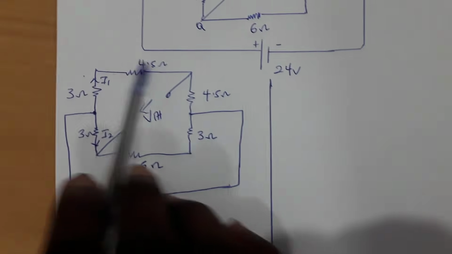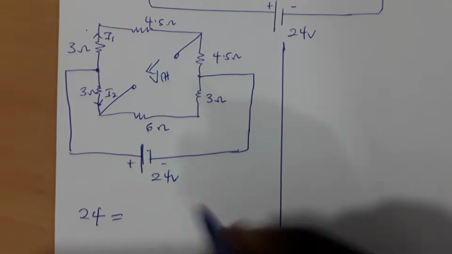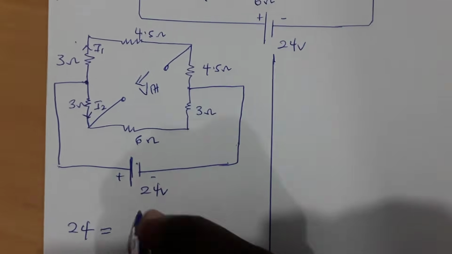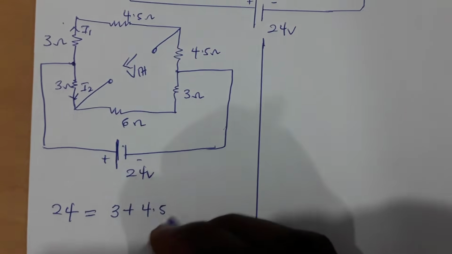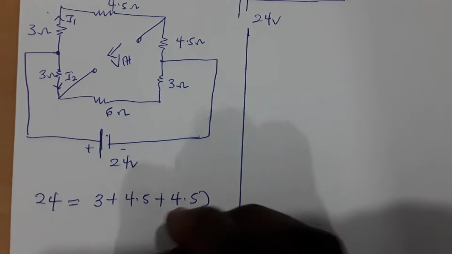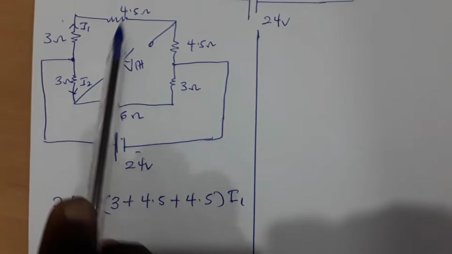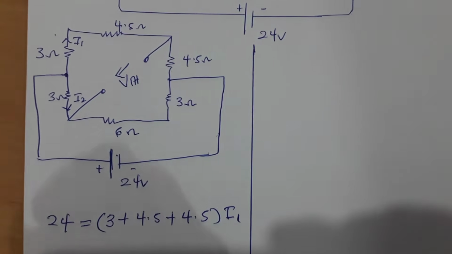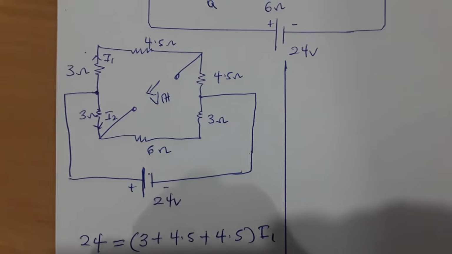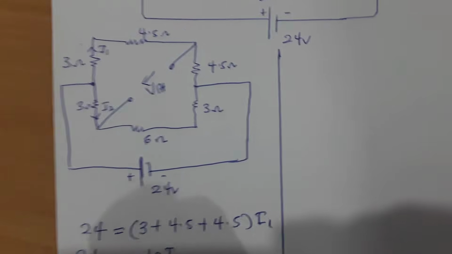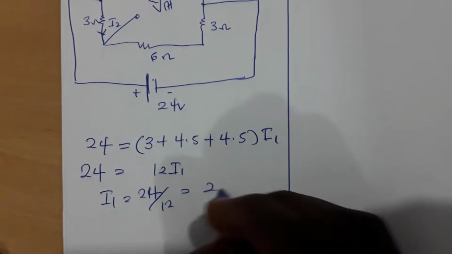So taking this loop, 24 will be equal to 3 plus 4.5 plus another 4.5, all times I1, because I1 will flow through 3, 4.5, and this 4.5 again. So 24 equals 12 I1, and I1 will be 24 out of 12, which is 2 amps.